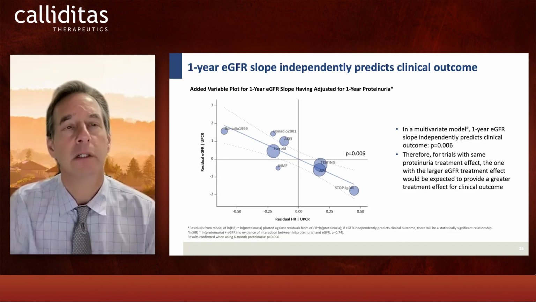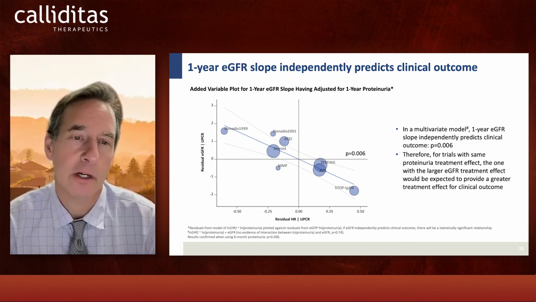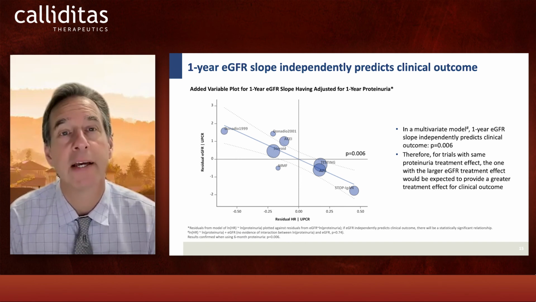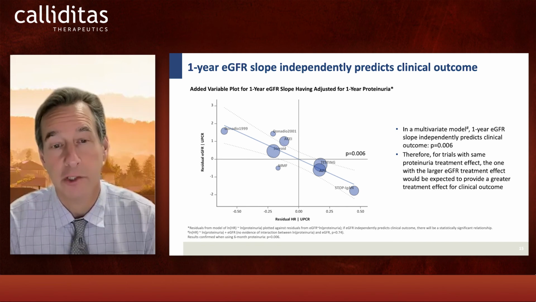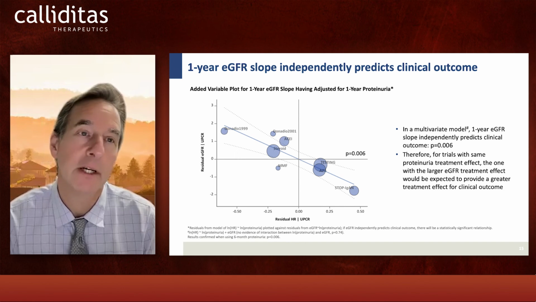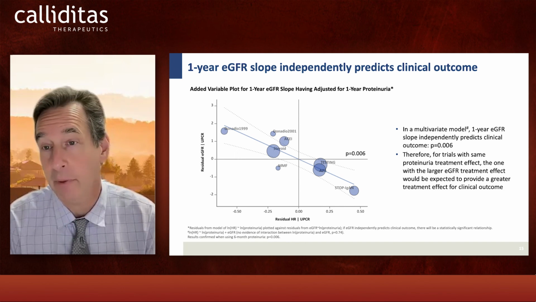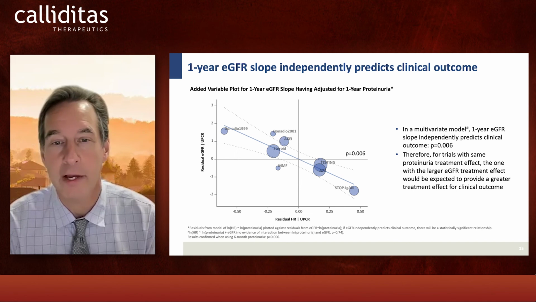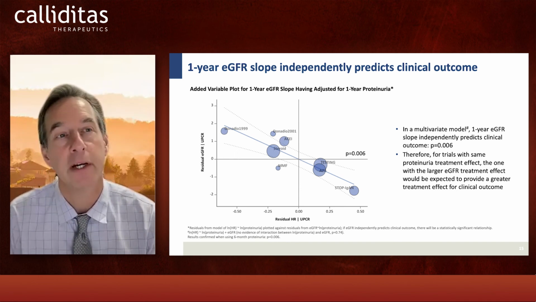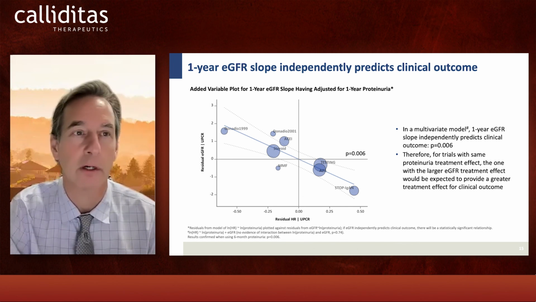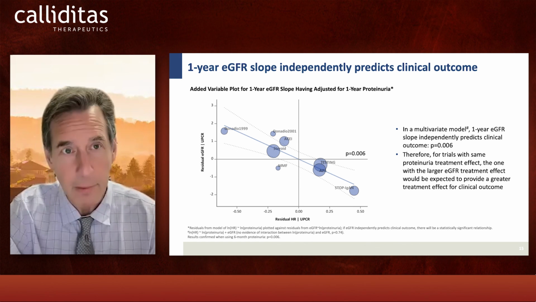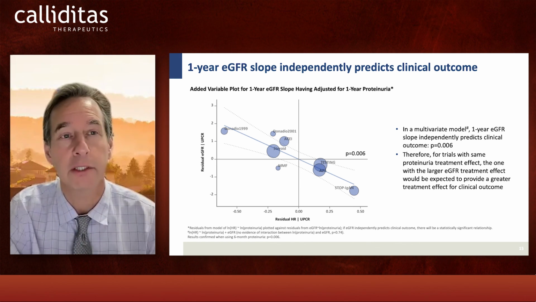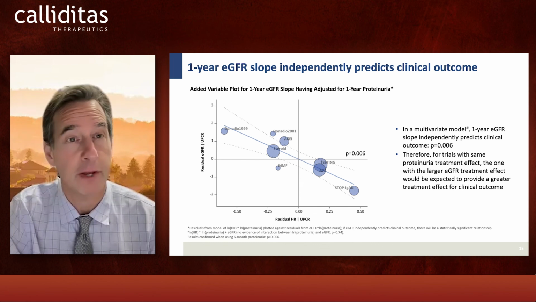And in fact, if a similar analysis is done of these randomized controlled trials as a multivariate analysis looking at eGFR change at 1 year as a predictor, it very nicely survives a multivariate model, as you can see, with a very low p-value and a strong relationship, again suggesting that as a biomarker or as a treatment effect, 1 year eGFR slope may be a very valuable predictor of treatment effect in terms of ultimate outcome.